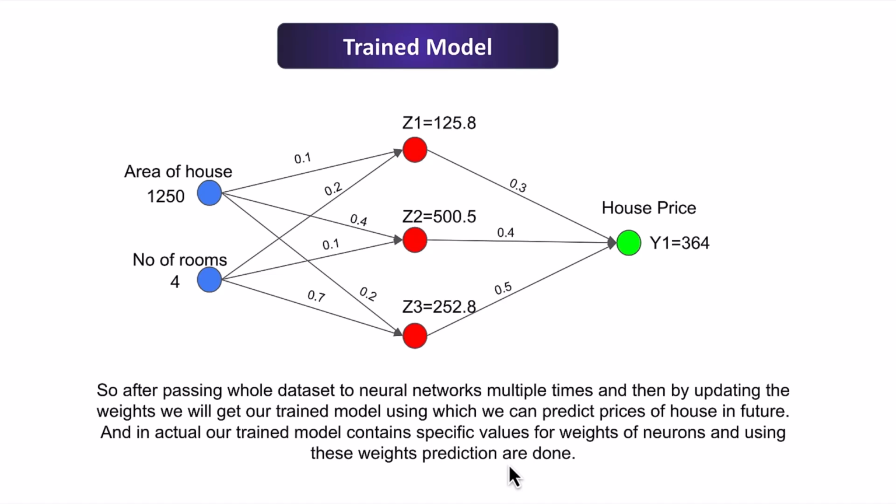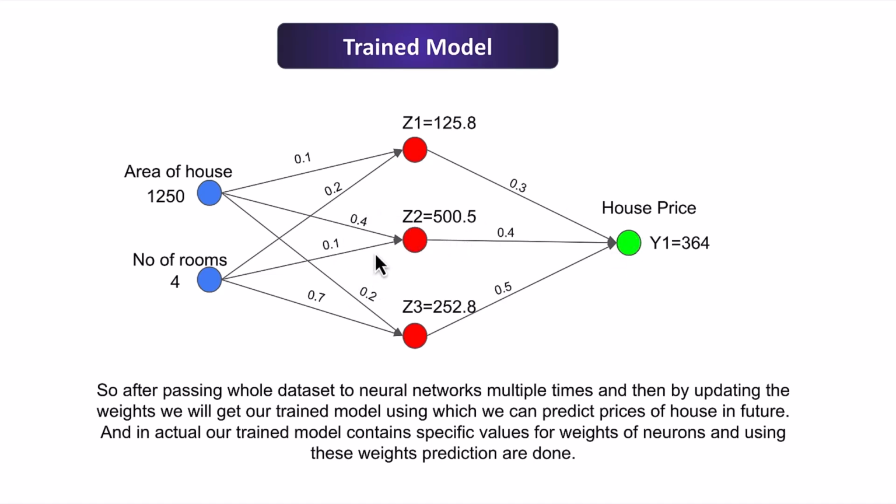So when we say that we have trained our model using deep learning or neural network, then in actual we mean that we have found the correct values for these weights, and we have found these values by passing input data to neural network, and after that updating the weights by comparing the predicted and actual value.